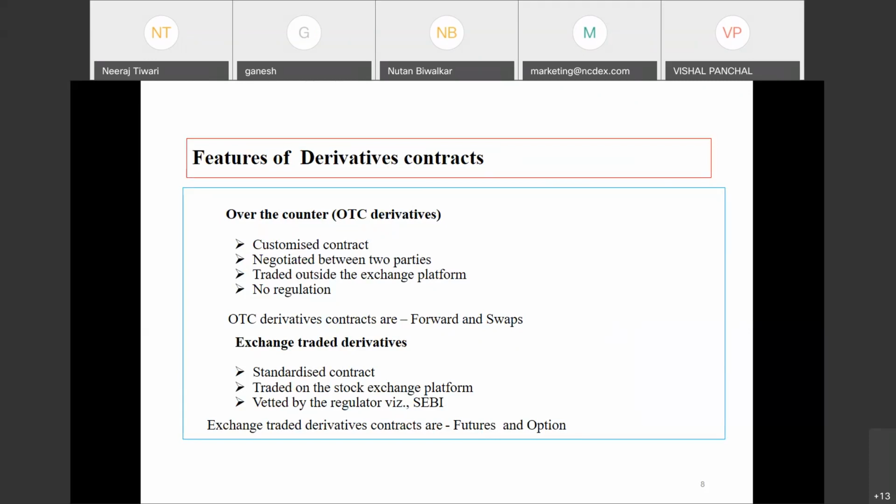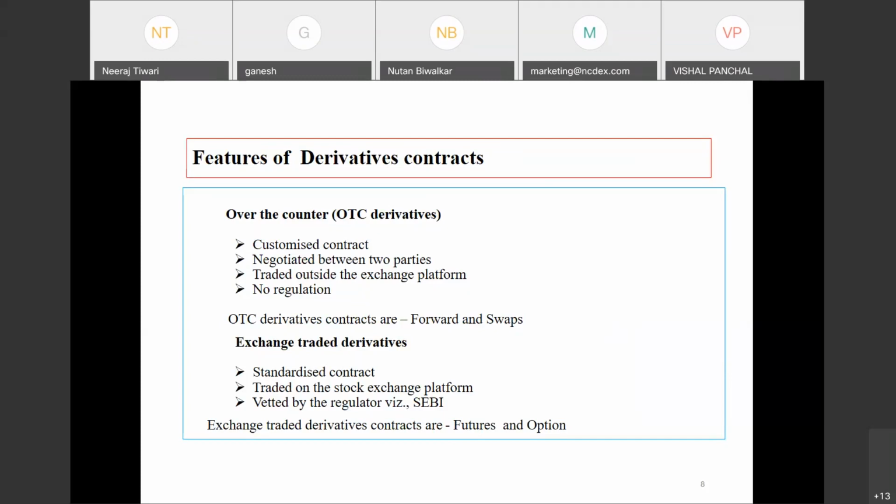Now you will say, what is the difference between over the counter and exchange traded derivatives? Because in the case of over the counter, it is a customized contract negotiated between two parties. Means we can say a tailor-made contract. Suppose there is X and Y, buyer and seller. Suppose the buyer wants a definite type of commodities, or we can say input, output.